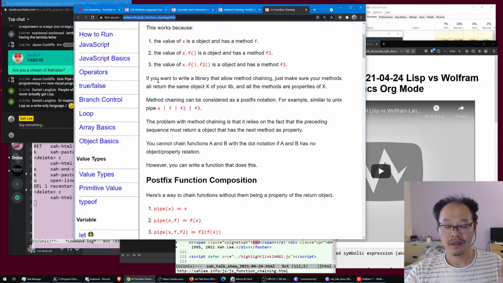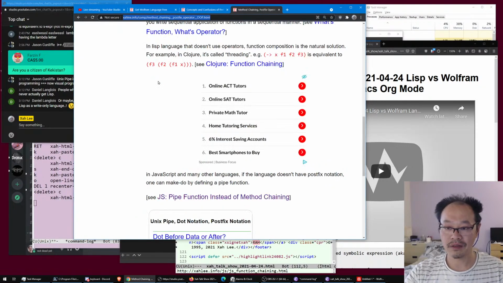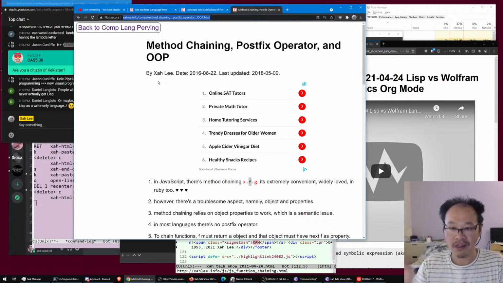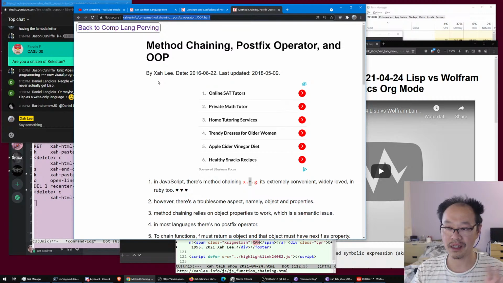Now you know about method chaining, very popular in Ruby and JavaScript. As I explained, there's a connection between the postfix operator and also OOP, because method chaining is not exactly a postfix operator, although syntactically it looks like it.